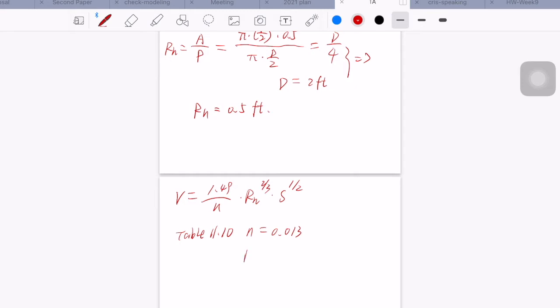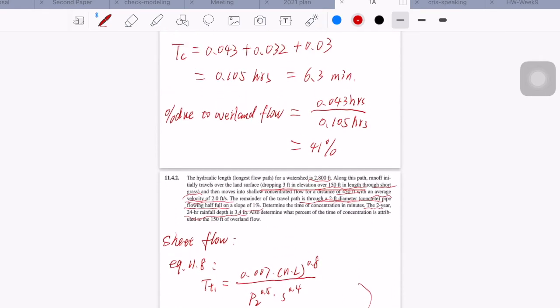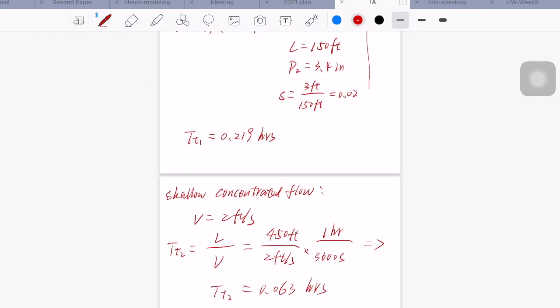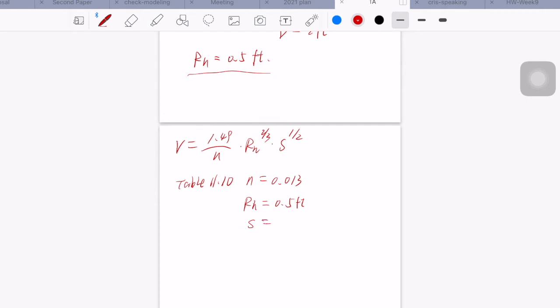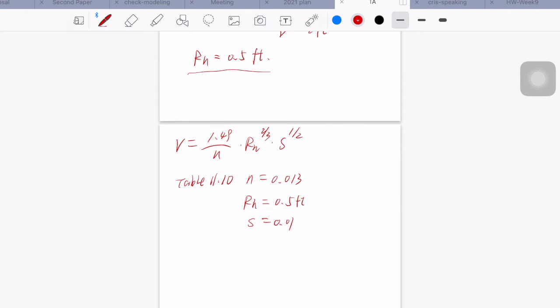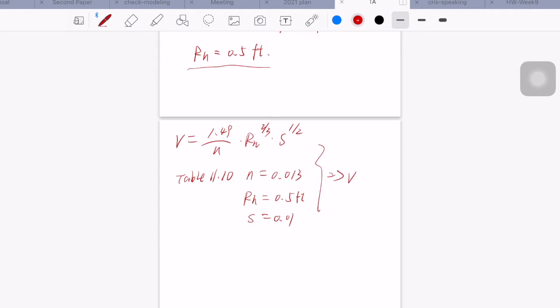We know the RH we determined is 0.5 feet, and S is 1%, so it's 0.01. So we can determine that V should be equal to 7.22 feet per second.